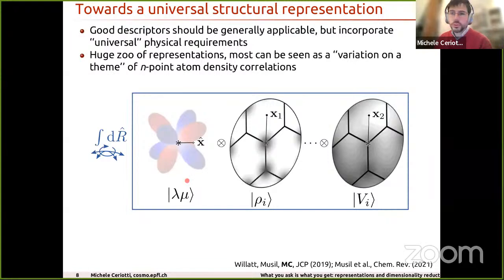And then you can also integrate over rotations. And I don't have the time to get too much into the details of this theory, but the point is that at the end of the day, you end up with some very abstract objects that are n-point correlations of the atom density that you can generalize to make them equivariant or to also incorporate long-range features.